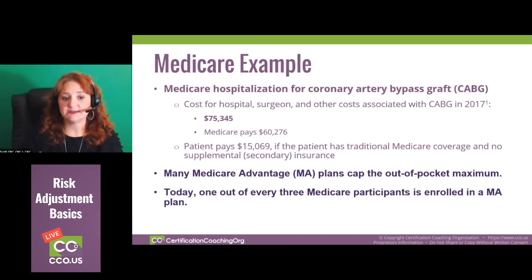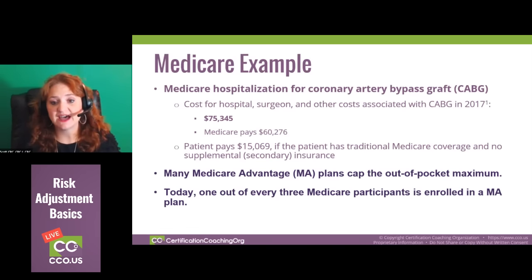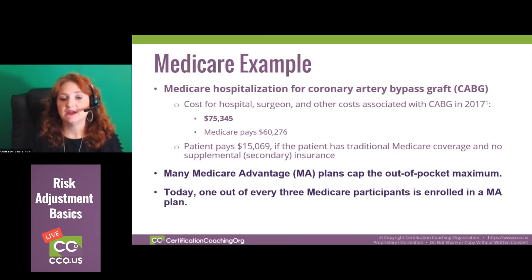And the patient has to pay a little more than $15,000 out of pocket. Right? Unless you have an MA plan. And then they cap that and they say, okay, no, you don't have to pay $15,000. That's too much. So we're going to bring that down to like $5,000. It can't be capped more than $5,000.